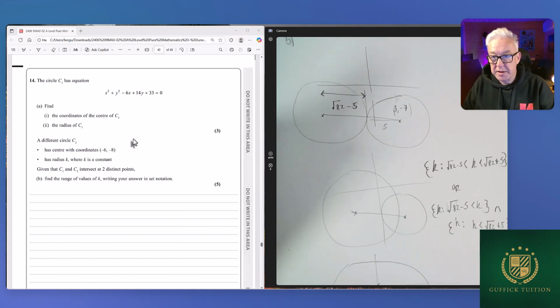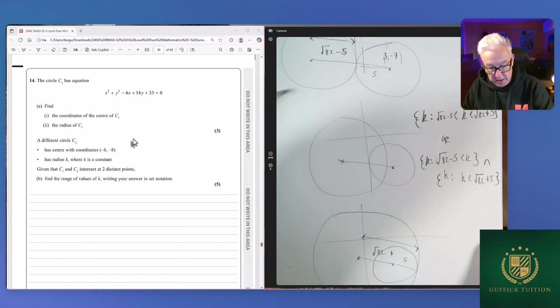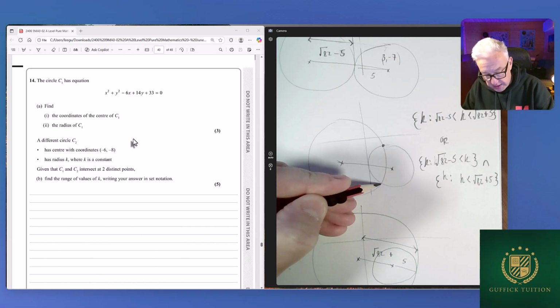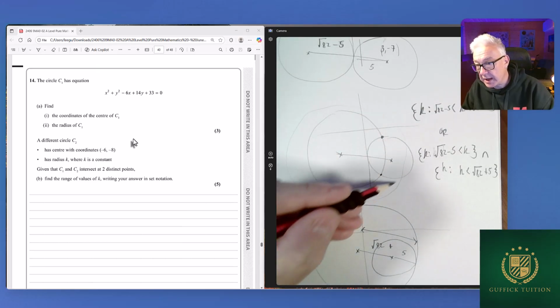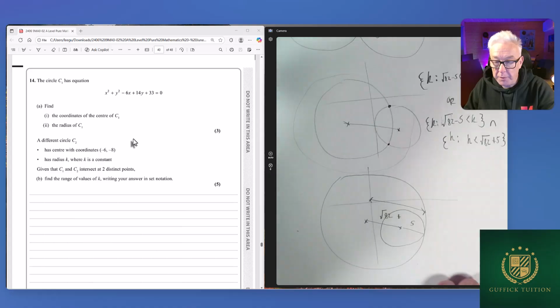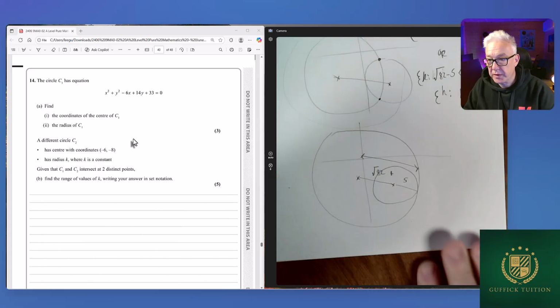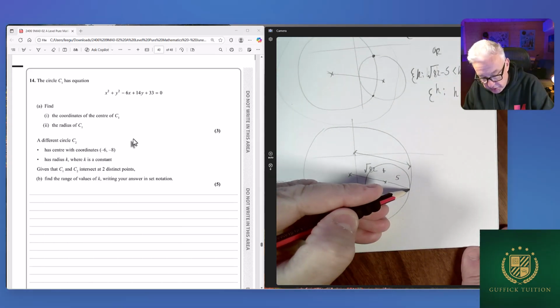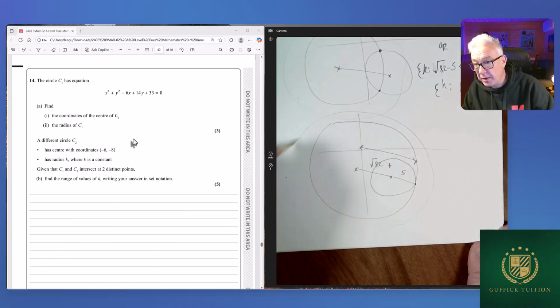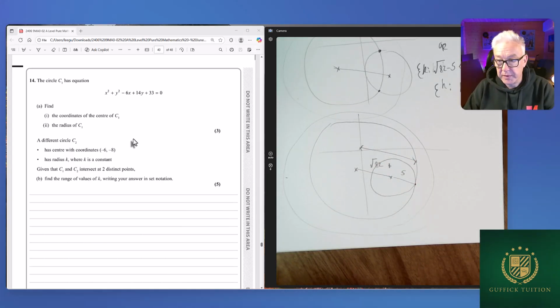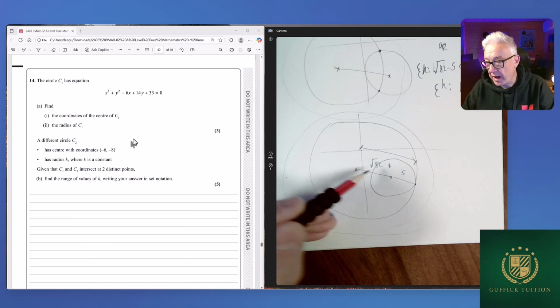Now what happens as k gets bigger? As k gets bigger, the two circles are now intersecting. And as k gets even bigger, they continue to intersect up until we get to this point here, where they're only touching at one point again. And then when k gets even bigger than that, they're not intersecting at all. So this is our other limiting factor.